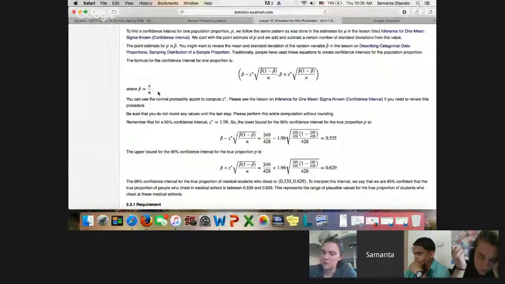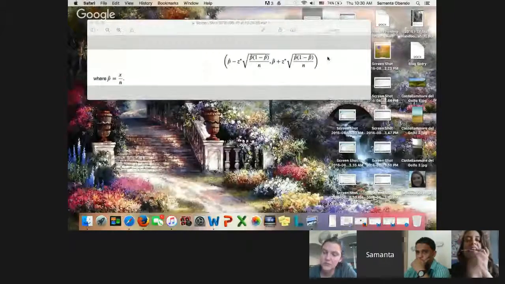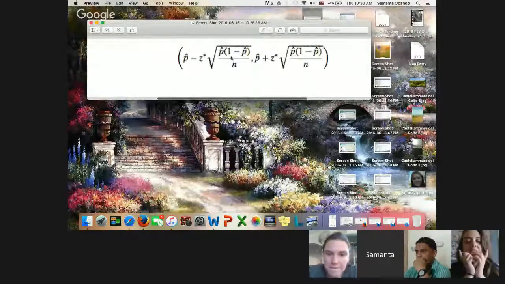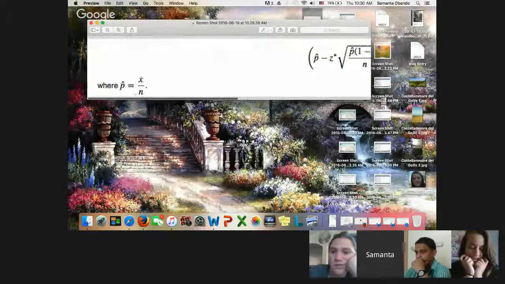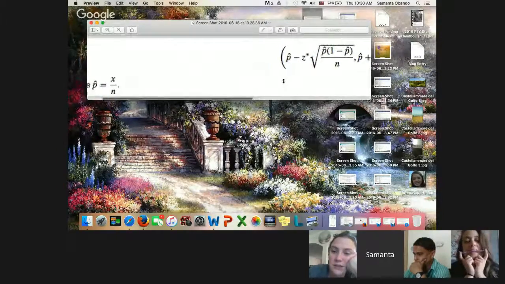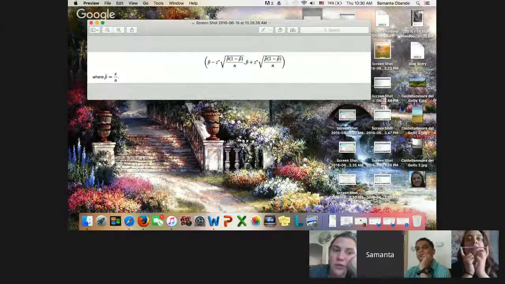The one we should be doing is 45 plus 2, which is 47, and 60 plus 4, which is 64. Yeah, that's the part I'm confused about. This is the confidence interval formula, it says where P hat is X over N. Yeah, that's P hat, but this week we learned about the plus 4 confidence interval.